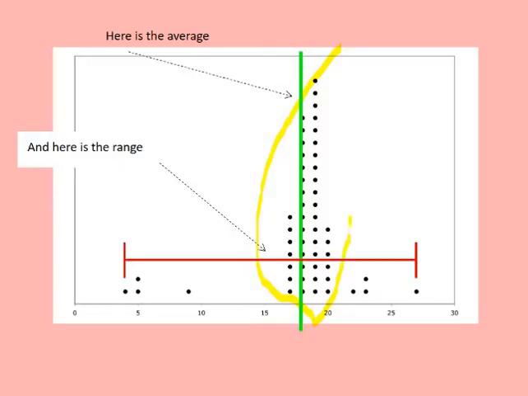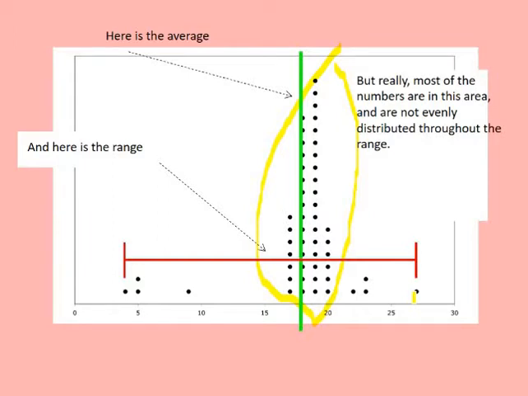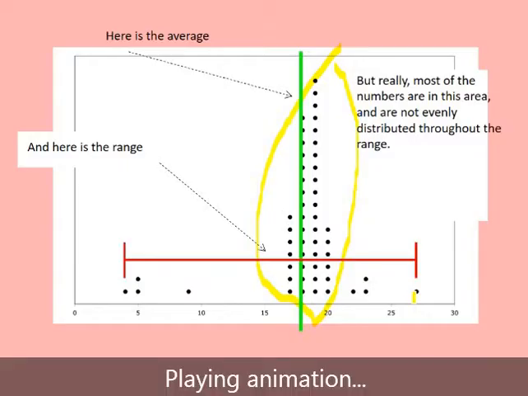Okay, so here we have quite a lot of pupils scoring right around this mark, but just giving the mean and just giving the highest and the lowest value will not necessarily show that. Most numbers are in this area and they are not evenly distributed throughout the range. This is what we're seeing here.